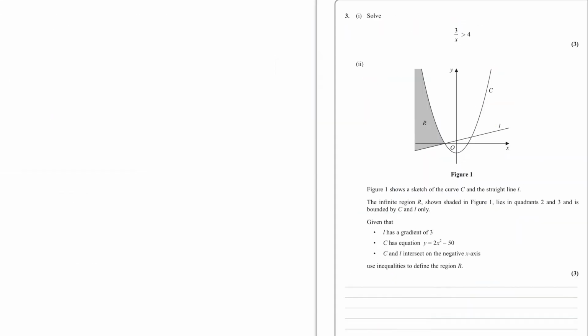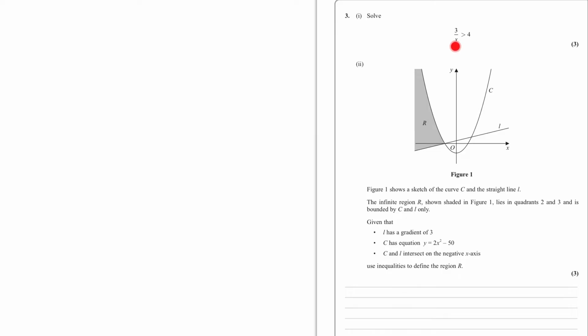Okay, question 3 here. Now, when you look at this one straight away, it's very tempting to go, right, well, I'll just multiply by x, divide by 4, and I'm done. But that's not the case. Because in this type of question, when I've got an inequality, if I'm multiplying or dividing by a negative number, that affects the inequality sign.